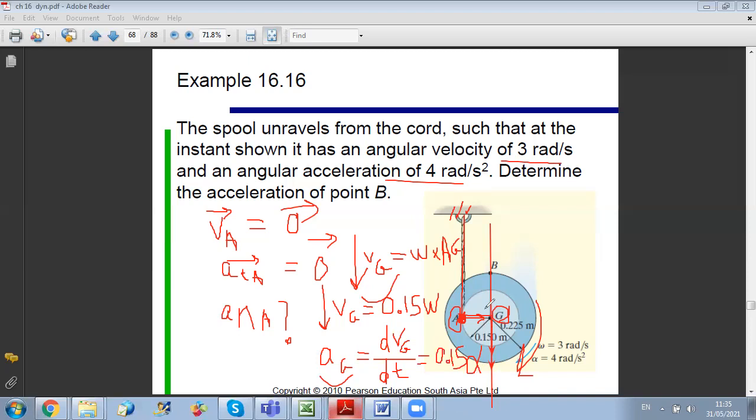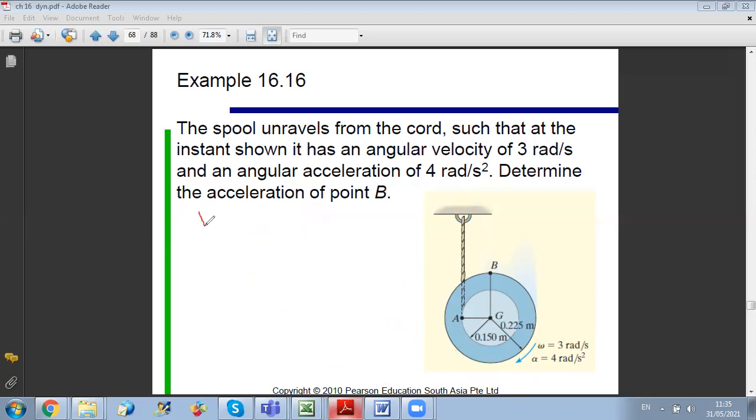So in order to rotate about A clockwise, VG and AG should be down. So now we know that the vector V of G is equal to minus 3 times 0.15 j, so it's minus 0.45.